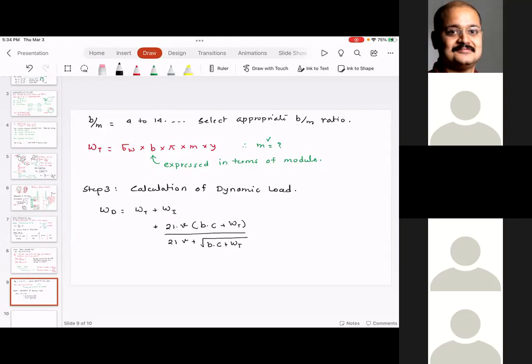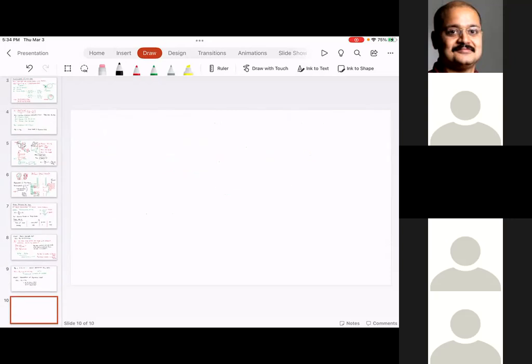Next, step 4 is calculation of static endurance load, which is WS equal to sigma E multiplied by B multiplied by pi multiplied by M multiplied by Y. And we have to check if WS is greater than or equal to WD.